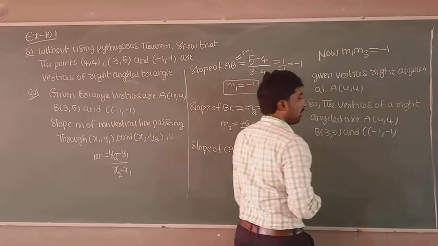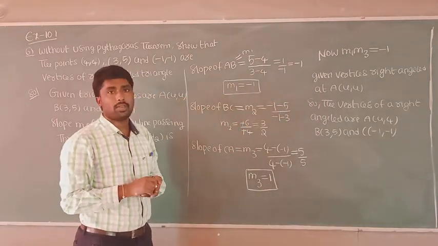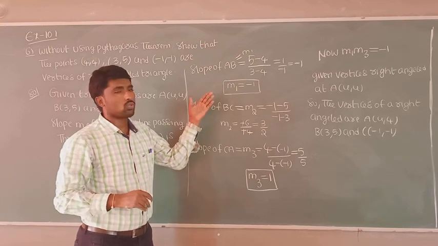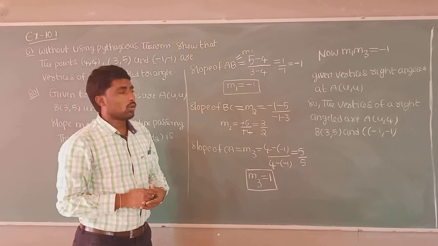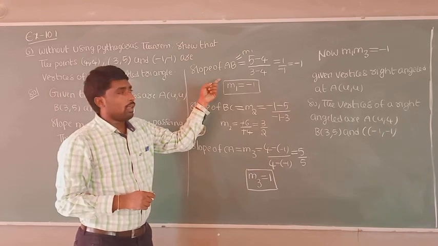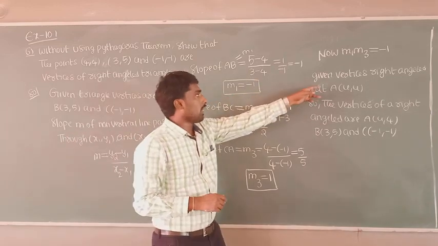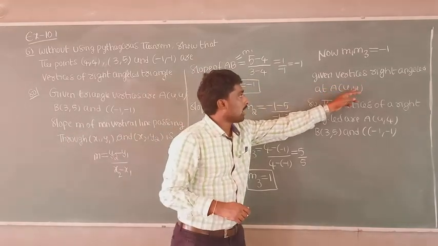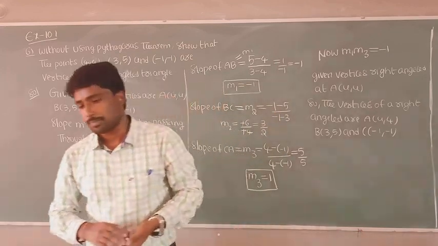Is it clear, everyone? Without using Pythagoras theorem, how to prove whether these are the vertices of a right angle triangle? By using the slope concept: if the product of the slopes equals -1, then I can say these vertices form a right angle triangle. So the right angle occurs at point A.